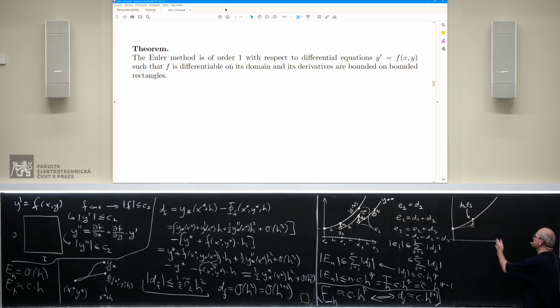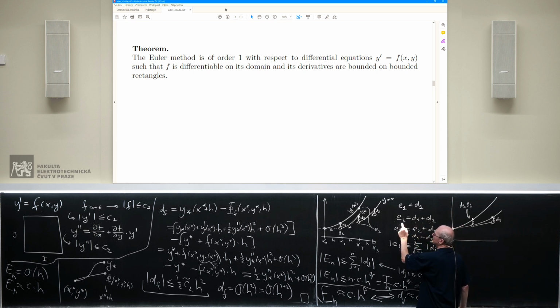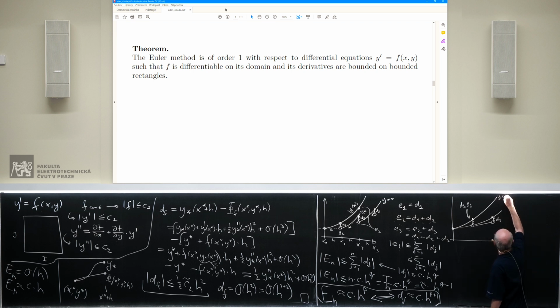Then, when we are making the second step of our iteration, we are actually following a different solution. And over here, we commit another local error, D2. But for this trick to work, these two solutions would have to be parallel. But do they need to be parallel? The answer is no. This is the actual solution that we are trying to follow. This is the first local solution.